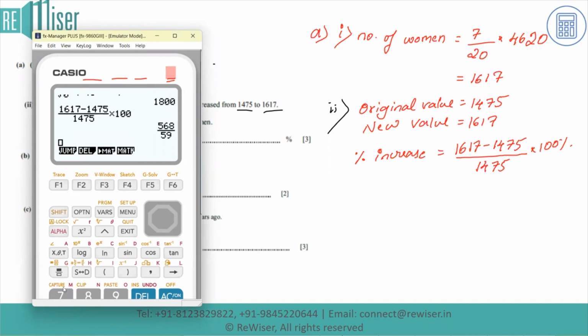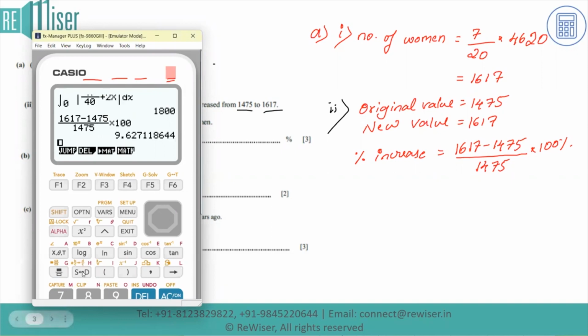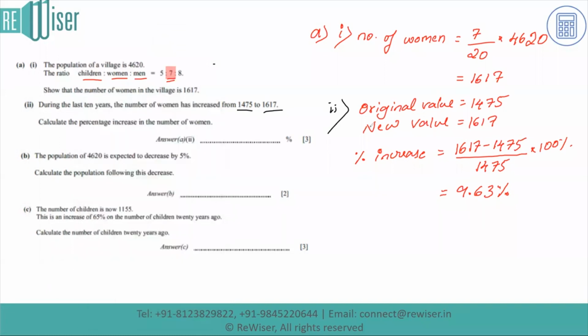If I convert this into decimals, that's going to give us the answer to be 9.627. So for 3 significant figures, we can also say it as 9.63%. And this is the increase. And this is the right answer for part 2.